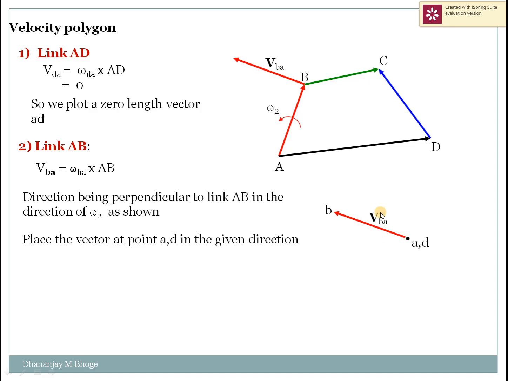We have seen this in the last lecture. Velocity VBA is represented by vector AB, so vector A to B of this length.